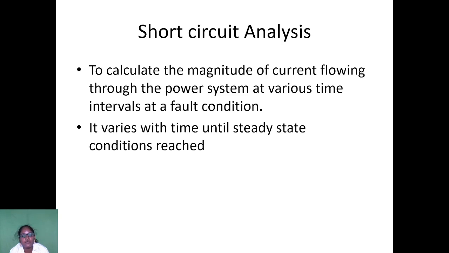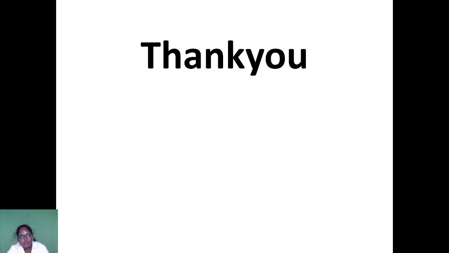Based on the fault, we calculate the magnitude of the current flowing through the power system. It can vary from time to time until the steady state condition is reached, because based on the fault we analyze the quantities measured in the power system network.